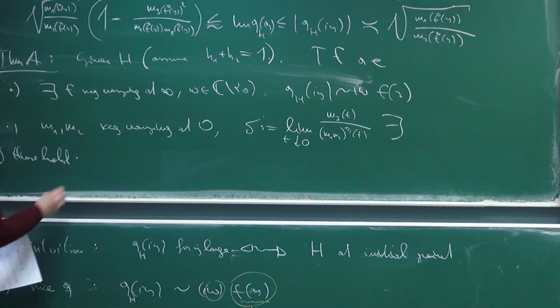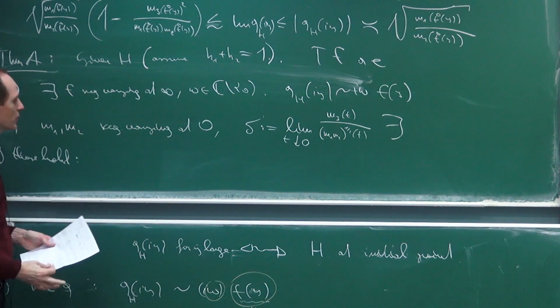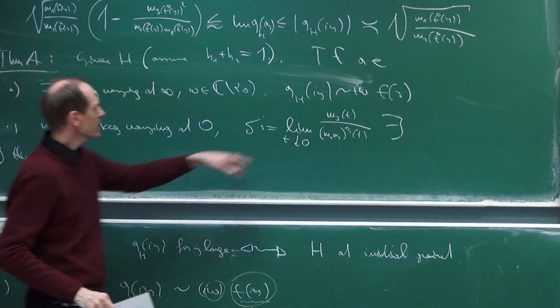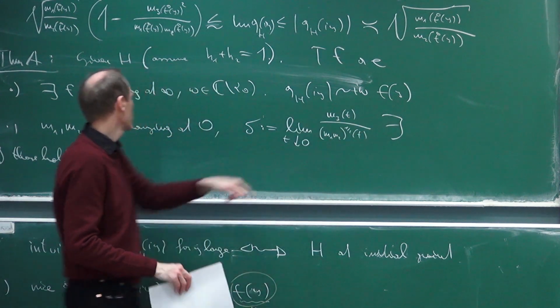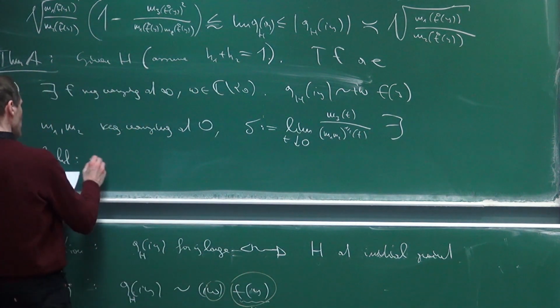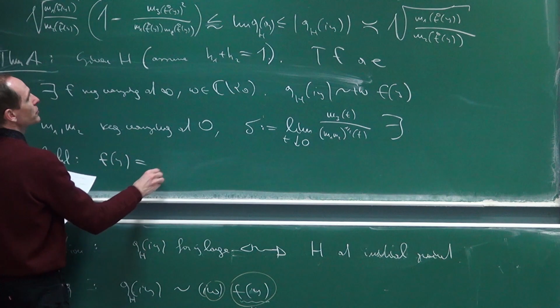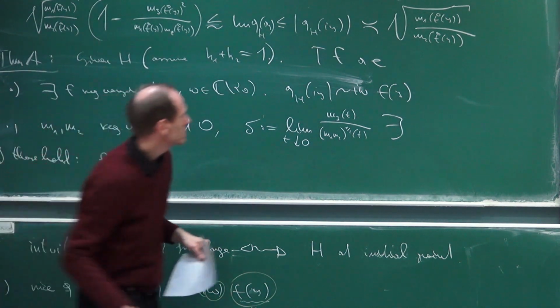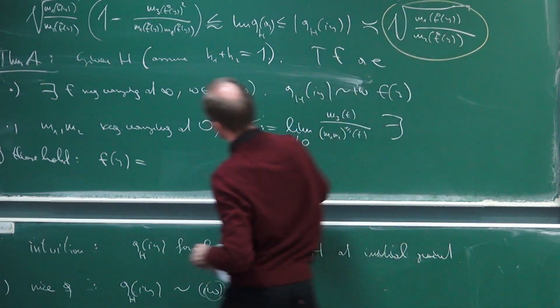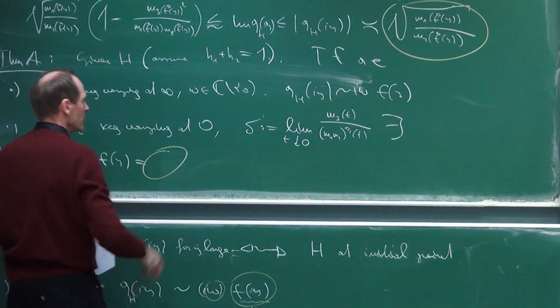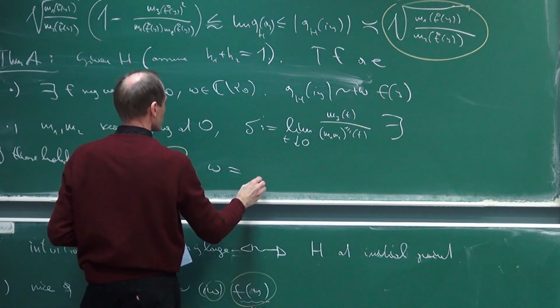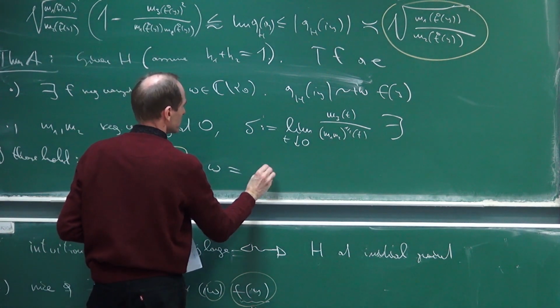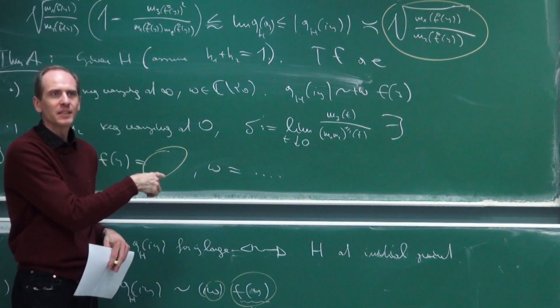then we have an explicit formula that connects the ingredients here with the ingredients there, namely f of y is just what it was up there. And omega, well, long and ugly but explicit.